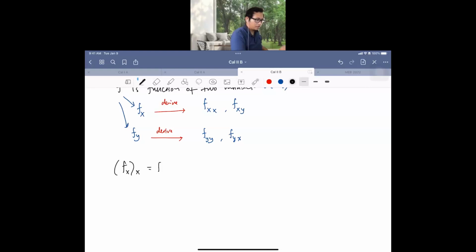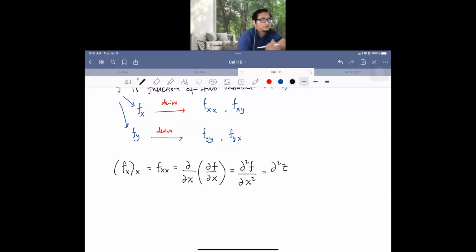We can write the definition as this, in terms of the second derivative, or with z, it's also correct. This is just how to write it, and that will be for the other terms as well, for xy, yx, yy. Should be the same thing.